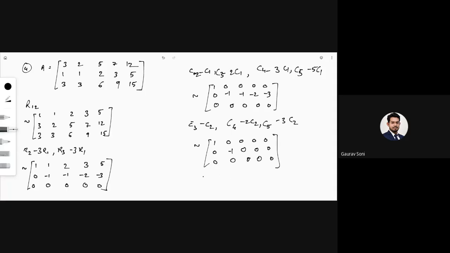And then we have minus 1 times R2. Fine. So the normal form for the matrix is I2, 0, 0, 0. The rank of A is 2.